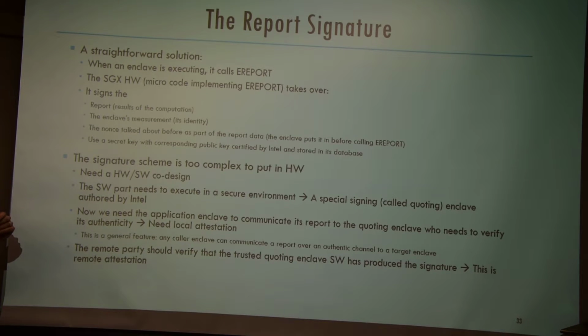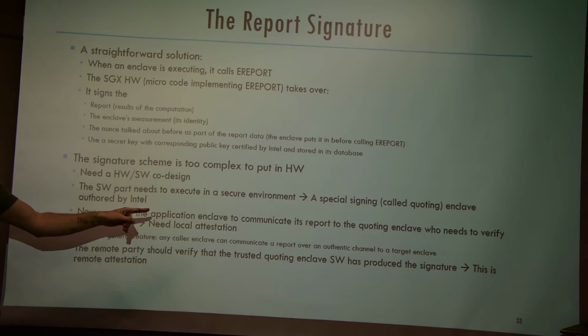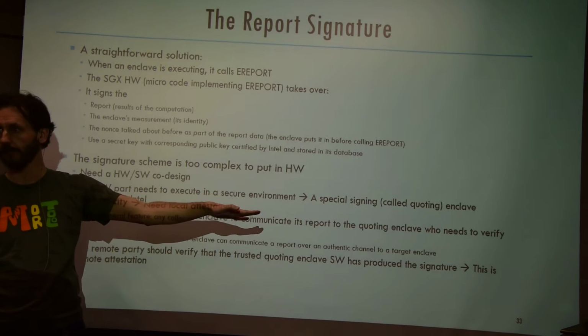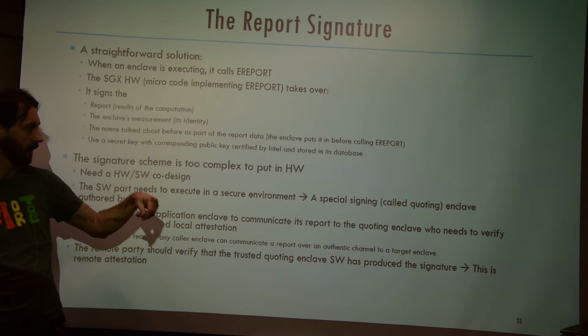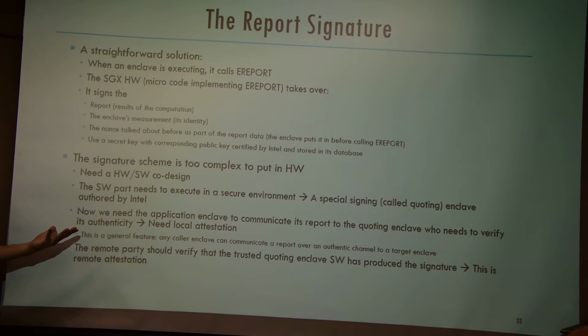Okay, that's a nice hardware-software co-design. But now I need to solve a problem. And the problem is that now the application enclave needs to communicate its report to the quoting enclave to begin with. So we need to verify this. The quoting enclave needs to verify its authenticity, right? So that it can sign for that application enclave. So it needs to be sure that there's no one malicious at the other end of the communication line.